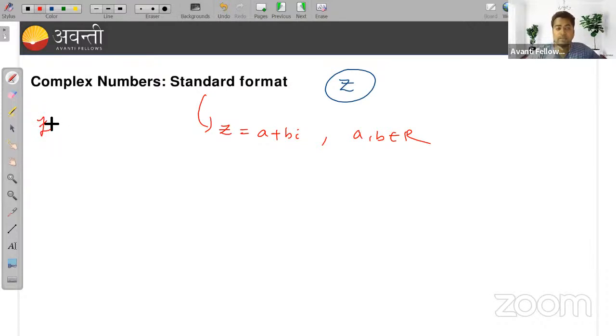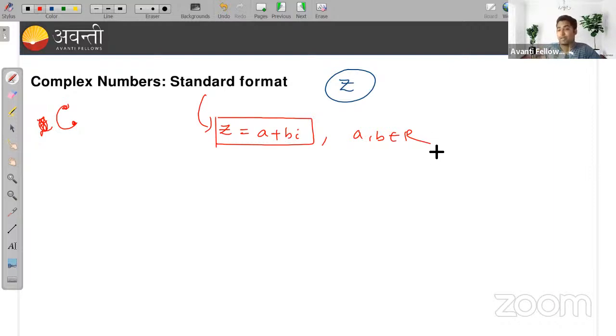and the whole set of complex numbers is denoted by Z or capital C. The set of complex numbers will be denoted by capital C, and the numbers are represented like this: Z is equal to a plus bi, where a and b belong to the set R, so they are two real numbers.